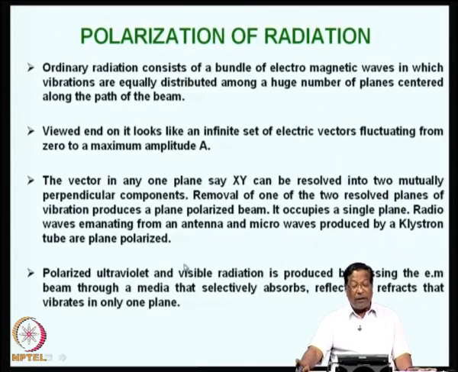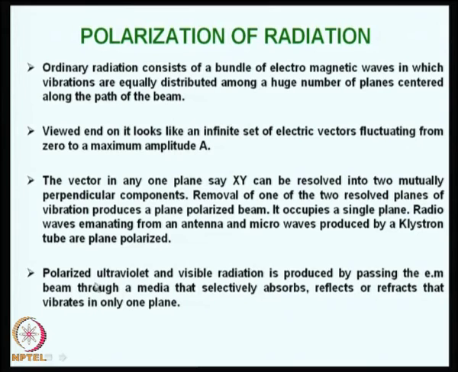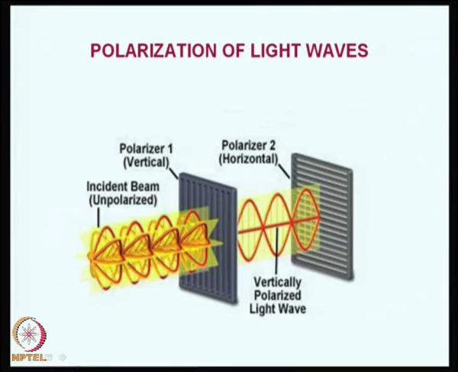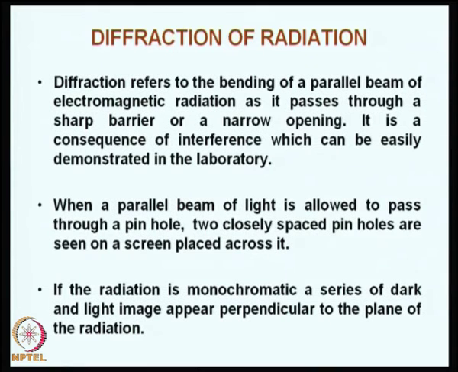Polarized ultraviolet and visible radiation is also required. It is produced by passing the electromagnetic beam through a medium that selectively absorbs, reflects or refracts radiation that vibrates in only one plane. So, we need electromagnetic radiation which is plane polarized.